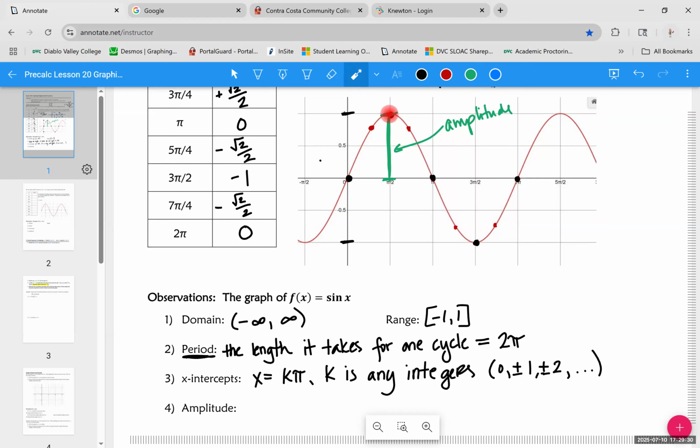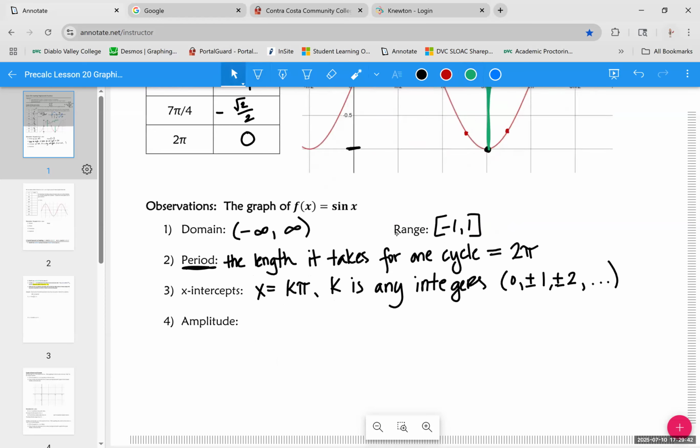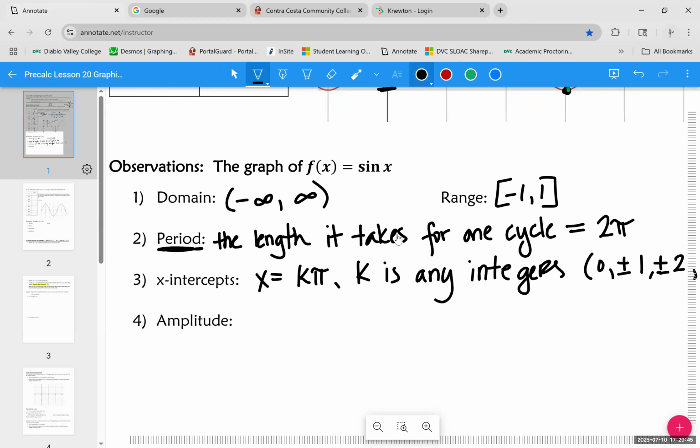So the maximum y value is 1, the minimum y value is -1, and so half of that distance. So you could also see this right here as an amplitude. So let's write down what it stands for. It's basically half the distance from lowest to highest point.